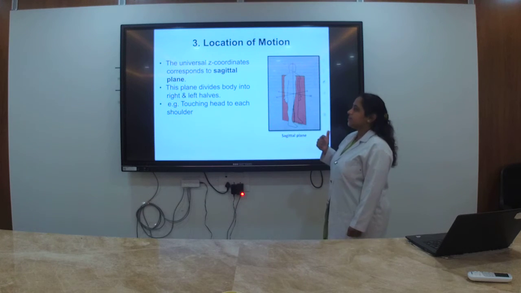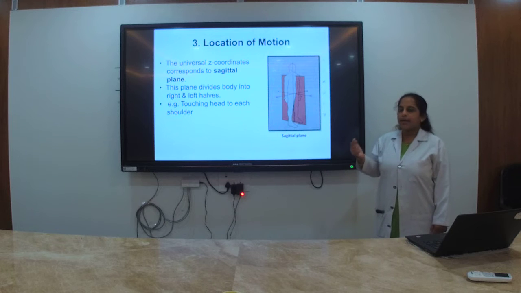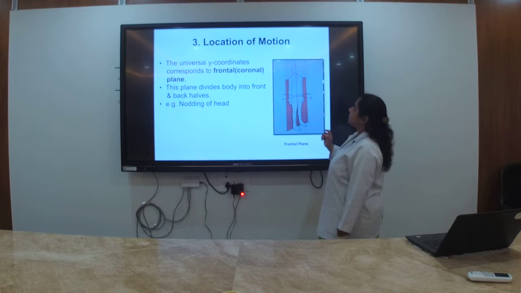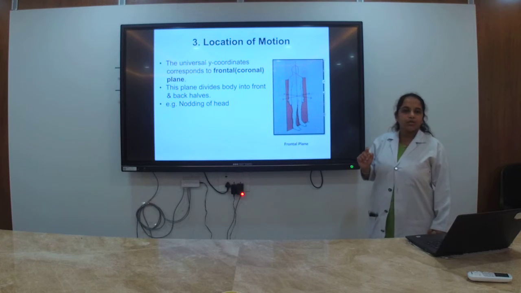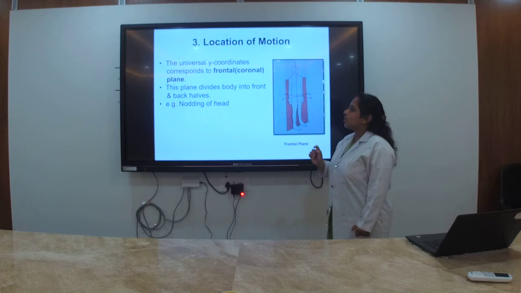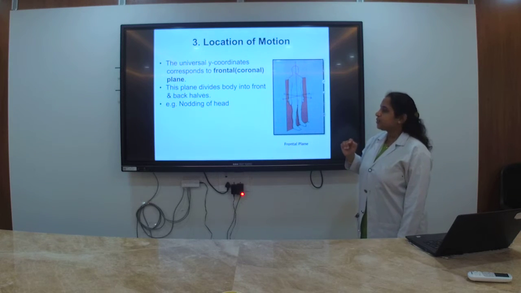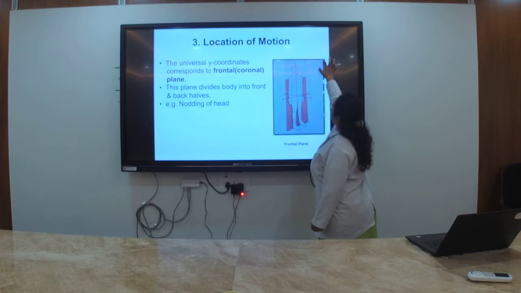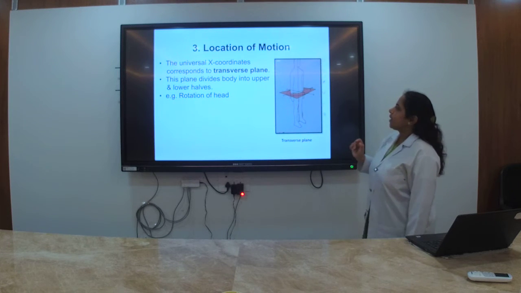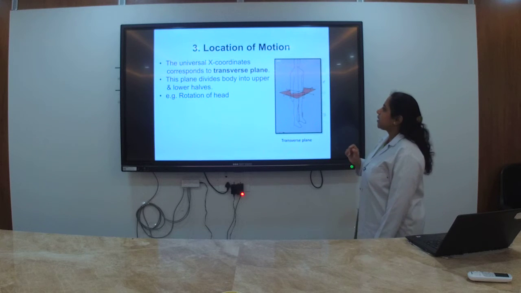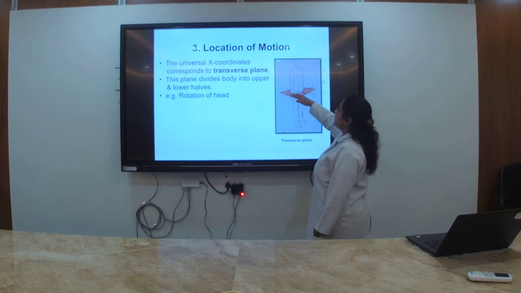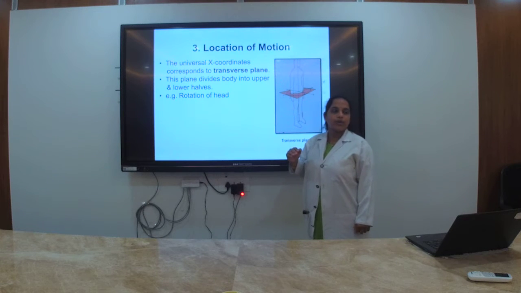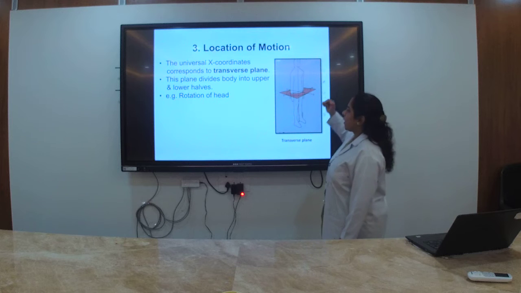The sagittal plane divides the body into right and left halves. The universal y coordinate corresponds to the frontal plane or the coronal plane, which divides the body into front and back halves. The x coordinate corresponds to the transverse plane. You can see here in the picture, and this plane divides the body into upper and lower halves.